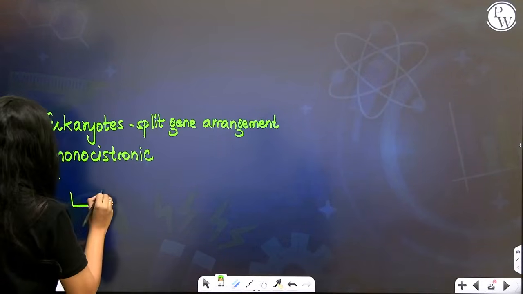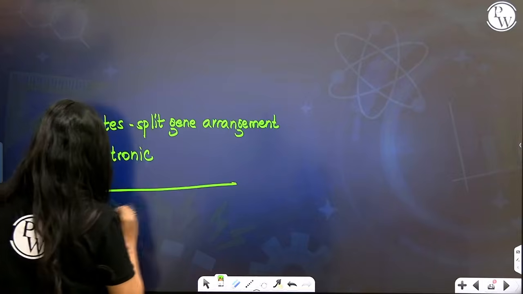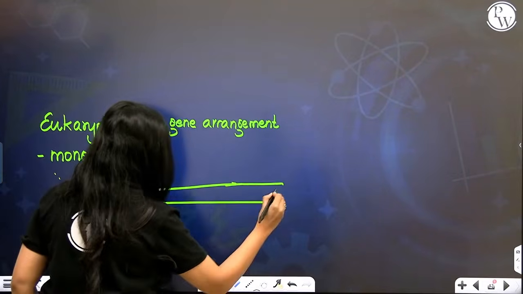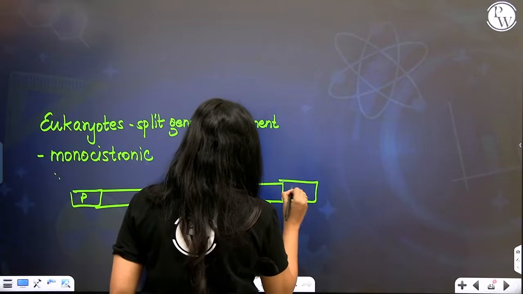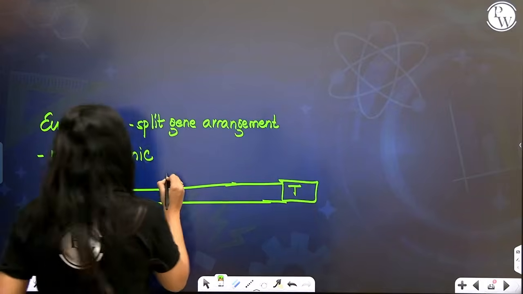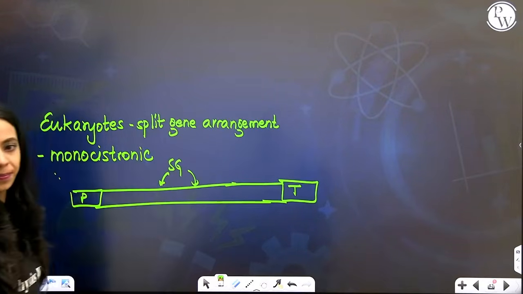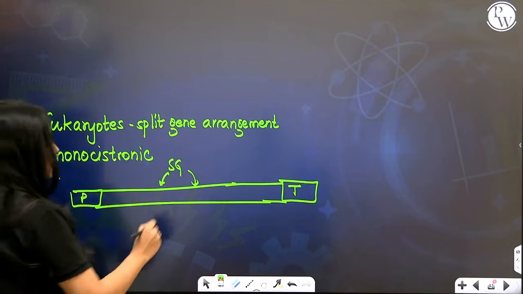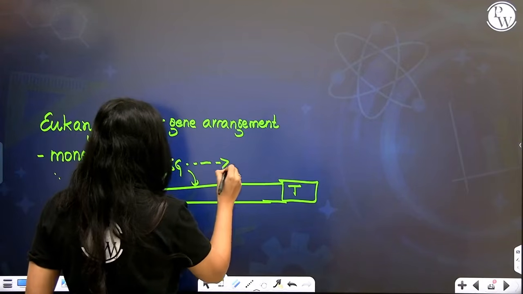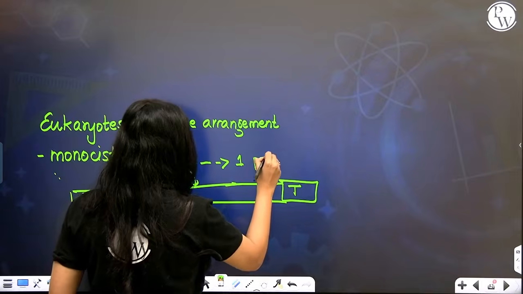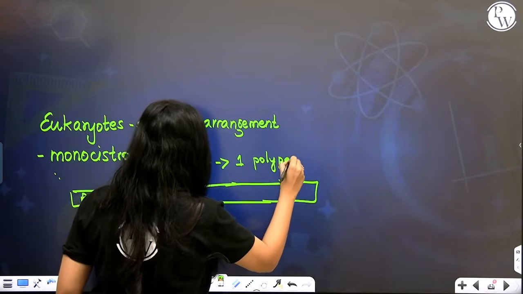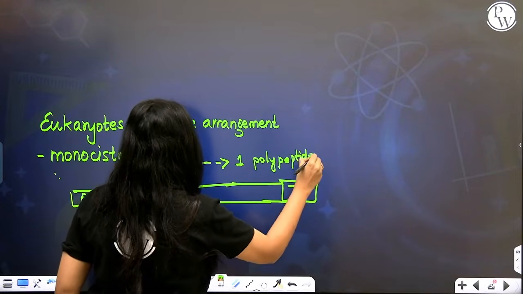So, you have one promoter, you have a terminator, and over here, this segment is the structural gene. This structural gene will in most cases have the information for the synthesis of one polypeptide, which is why we call it monocistronic.